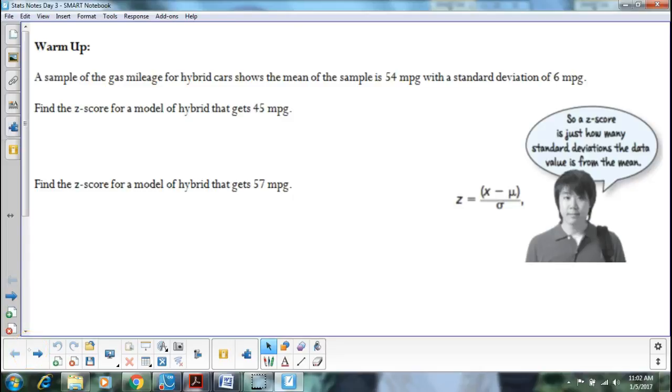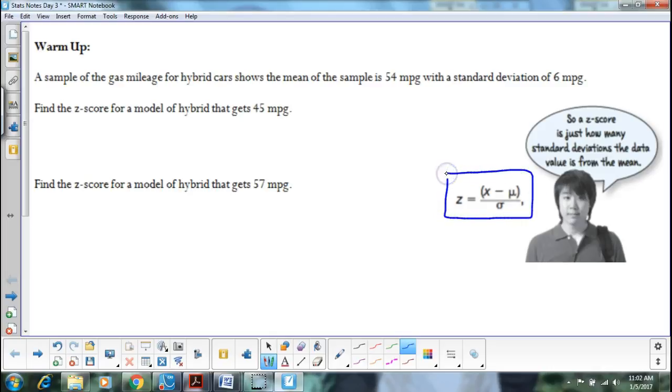All right, so z-scores, okay? Remember from yesterday, to find z-scores, you got this funky little equation going on right in here, okay? But that doesn't mean anything because we don't deal with that.